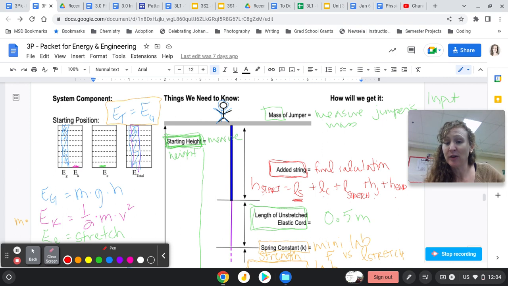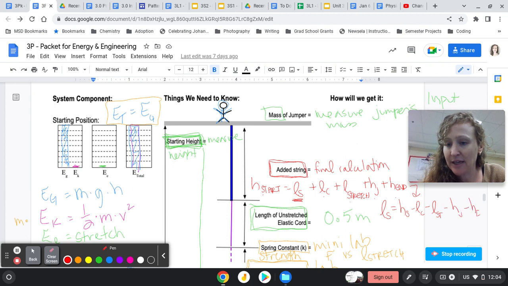And then we have all of our pieces. So let's go ahead and solve this equation for the length of the string. It's going to be height at the start minus everything else: minus length of the cord, minus length of the stretch, minus height of the jumper, minus height at the end.